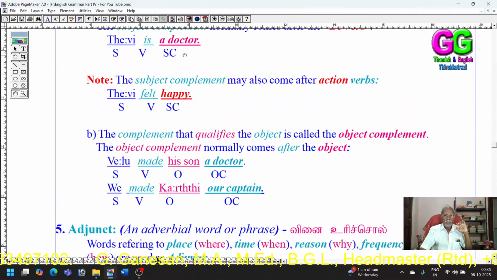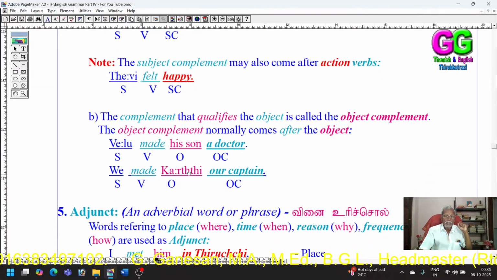My dear children, in the earlier example a doctor qualifies the subject Devi, so it is called a subject complement. But here a doctor qualifies the object his son. So here a doctor is the object complement. We made Karthi a captain. Subject, verb, object. A captain qualifies the object Karthi.